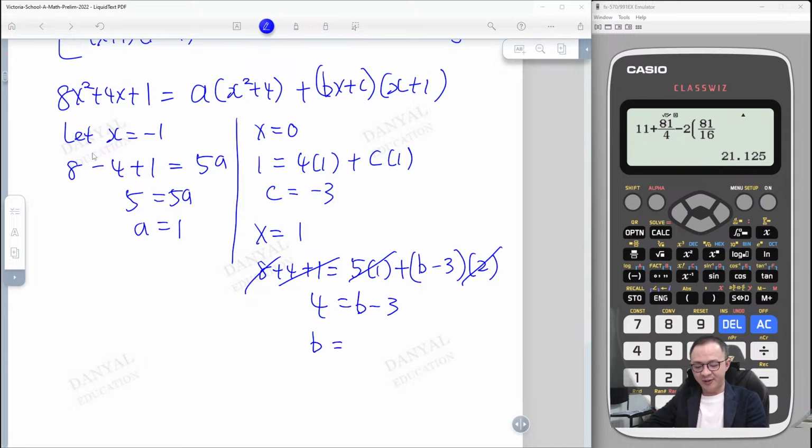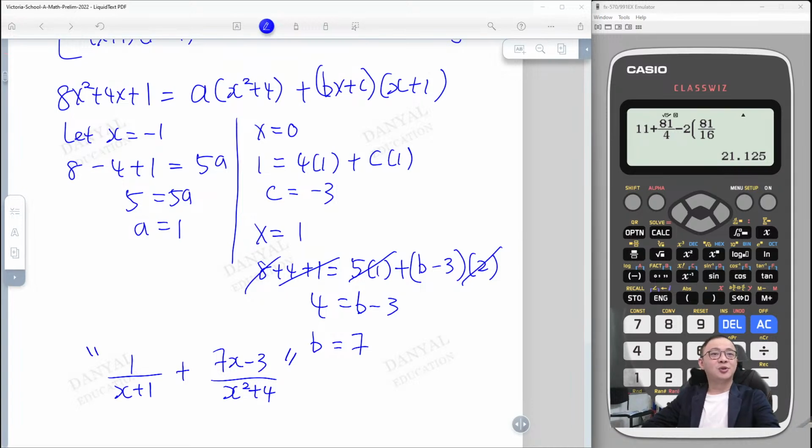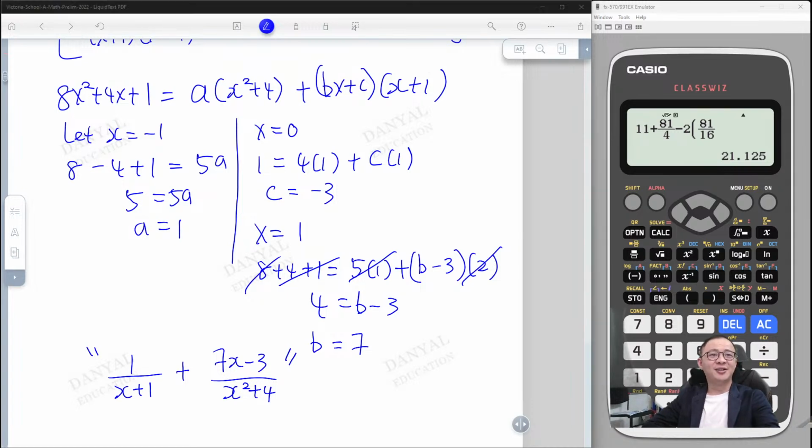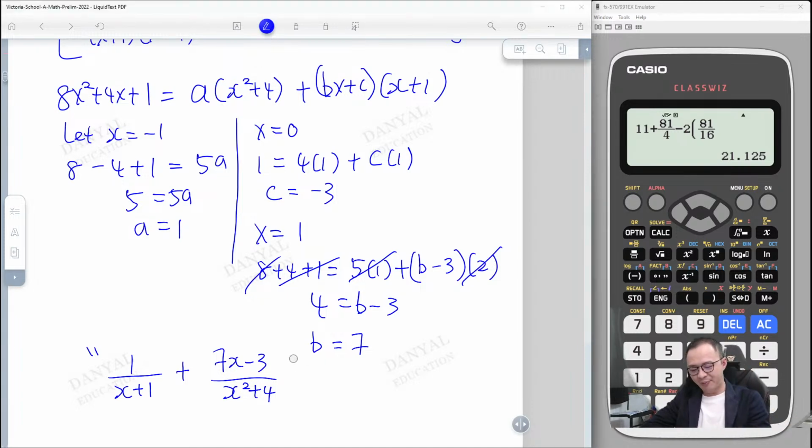Then b is 7. So therefore, I already know my answer. So it will be 1 over x plus 1 plus 7x minus 3 over x squared plus 4. Okay, this one is my final answer. Yeah, just do the partial fraction carefully. You should be able to get the correct answer nicely. Or maybe I put 3 dots for therefore.